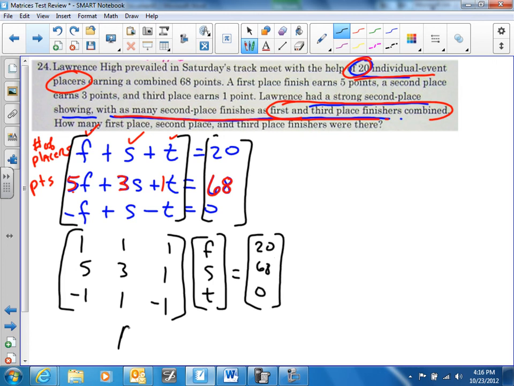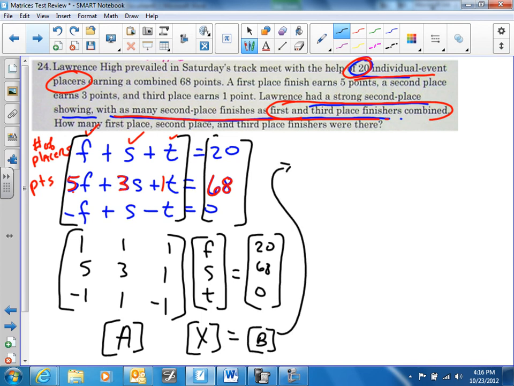Again, this is going to be A. This is going to be my variables. And this is going to be my matrix B. Come up here. So I'm going to have my first, my second place, my third place. And I'm going to do the inverse of A, like we've been doing, times B.